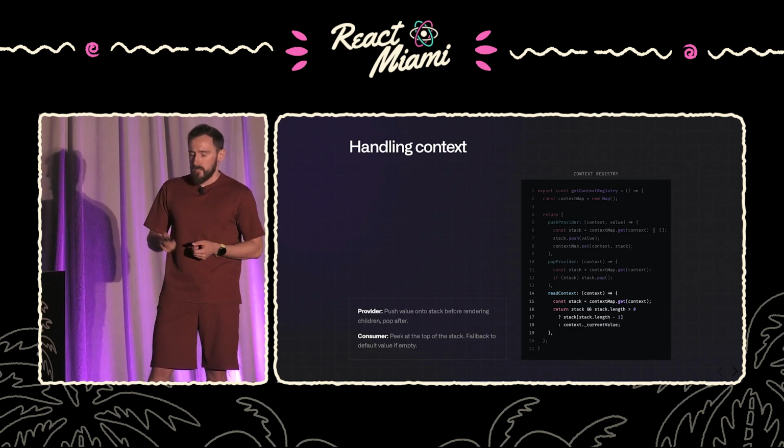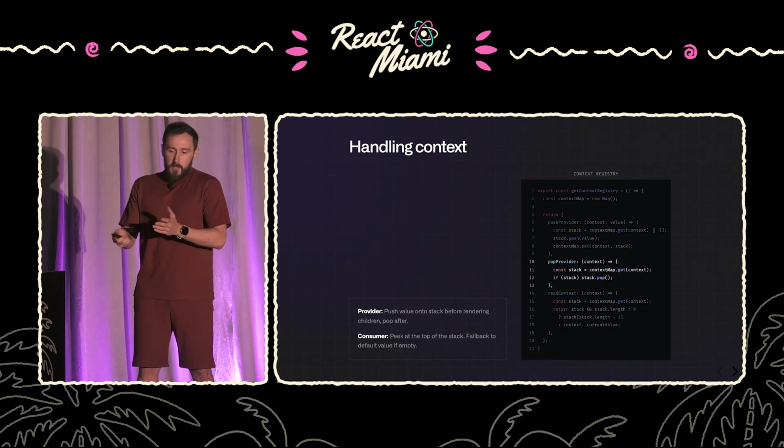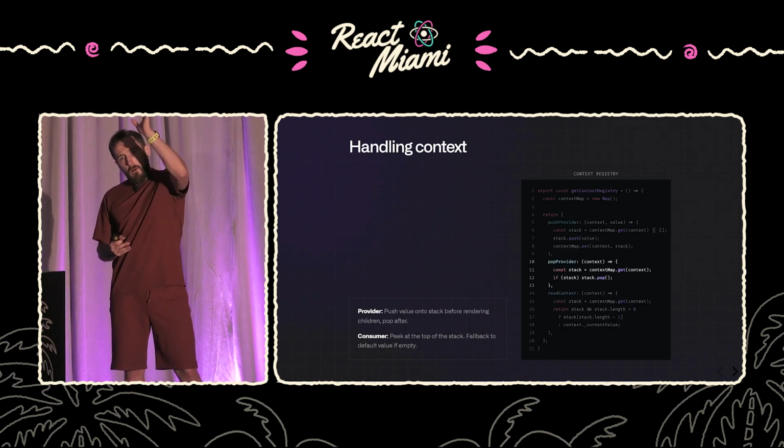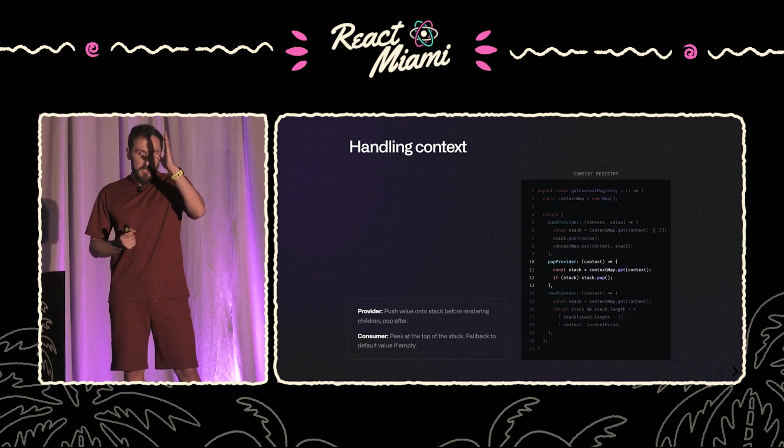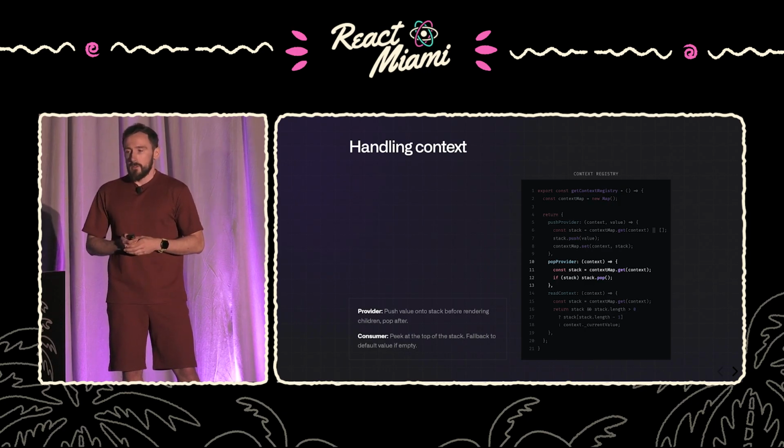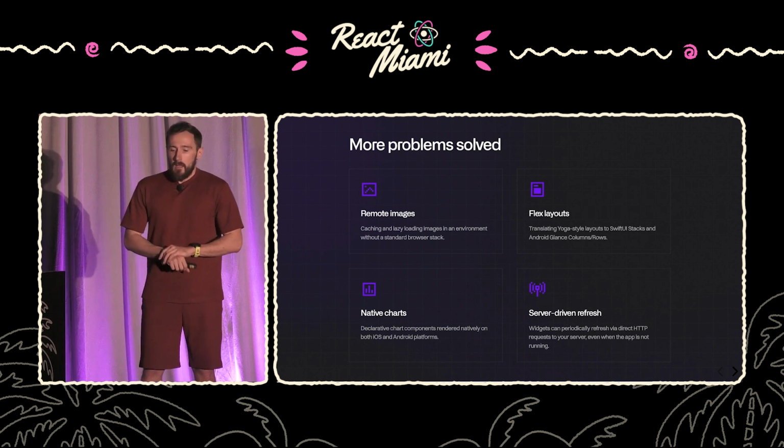If it's there, we will extract it. If it's not, we will use the default value provided in the code, basically. And when we go out of this context provider by going up the tree, we can just remove the value and the context type, and call it done. Basically, that's how contexts are implemented in Voltra, more or less.